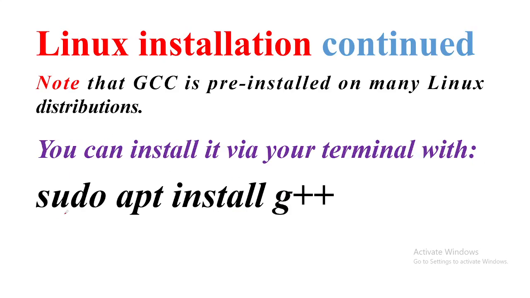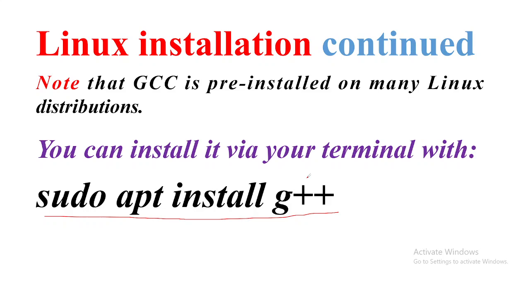You do that by typing sudo apt install g++. So when you open your Linux terminal, you can do that from there. But note that GCC is pre-installed in most Linux distributions, Ubuntu, Kali; GCC and g++ are always installed in them.